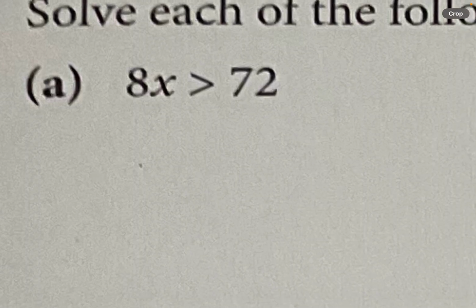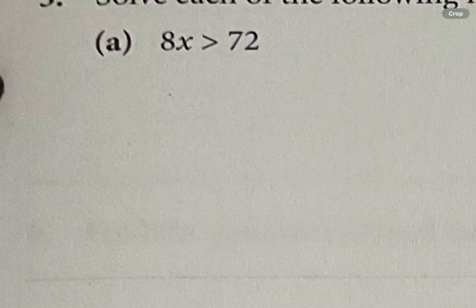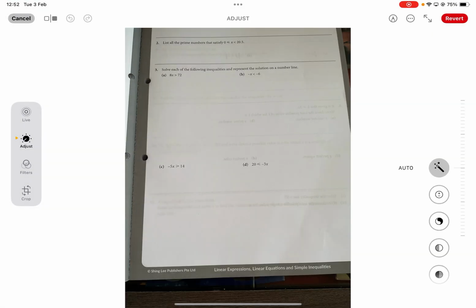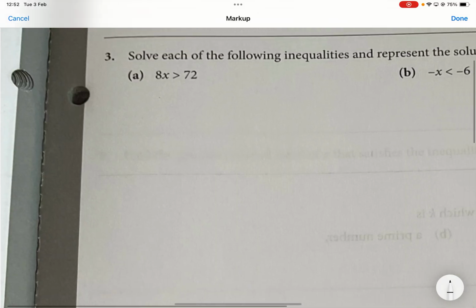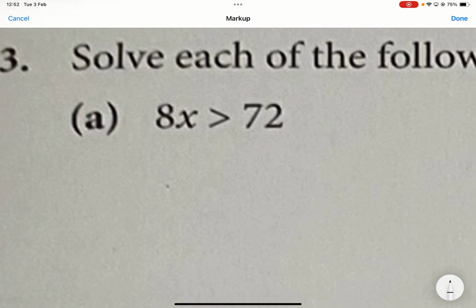Number 1, solve. How do we solve? I told you already, solve means they are asking you. Almir, what are they asking you? Huh? What answer?